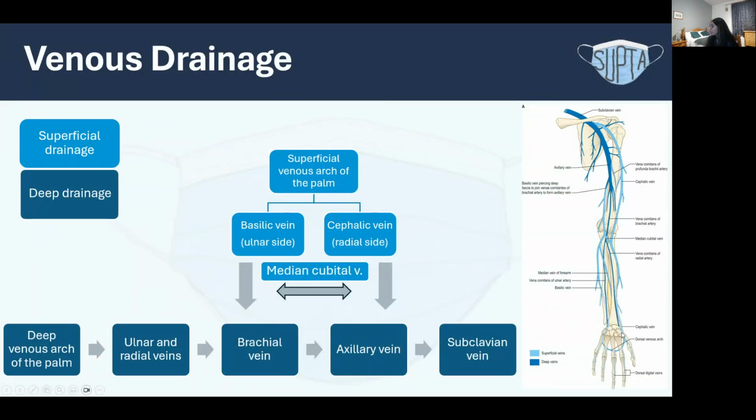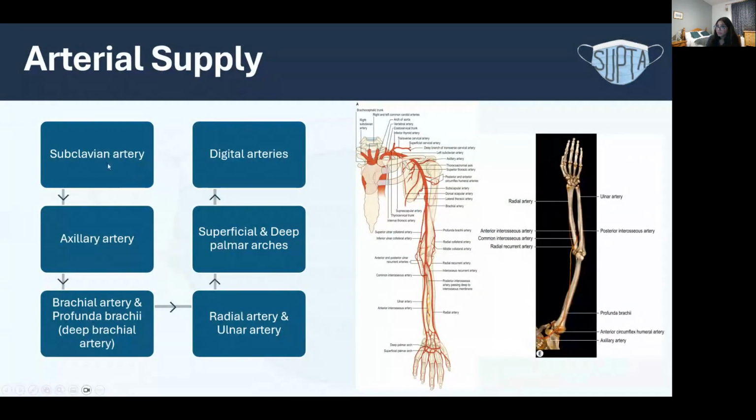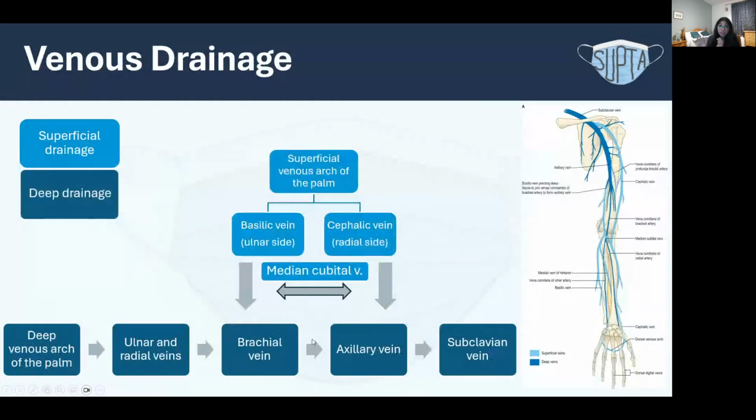Then these ulnar and radial veins essentially drain into our brachial vein, and then it goes on to drain into the axillary and subclavian. Remember we had our brachial artery, axillary artery, subclavian artery back here. Subclavian, axillary, brachial, radial, and ulnar. Literally the same thing, but reversed, and it's veins.